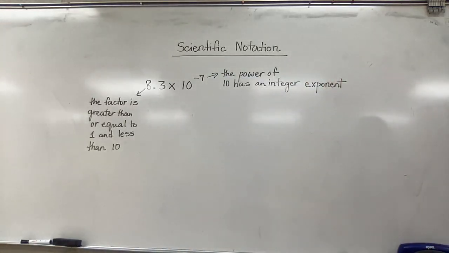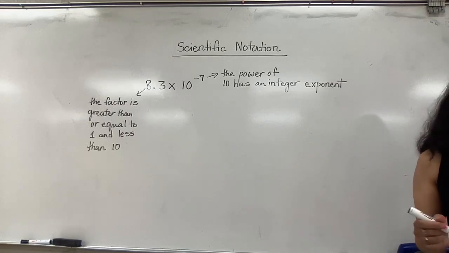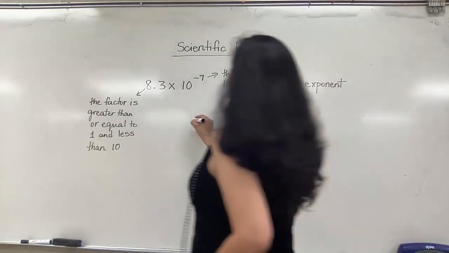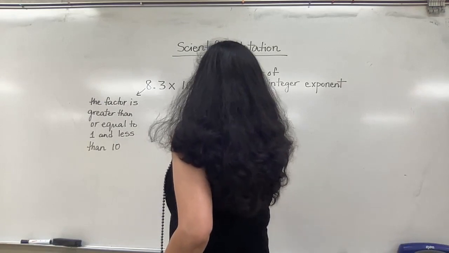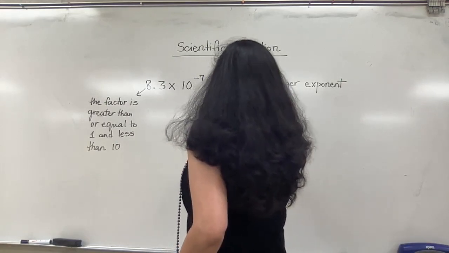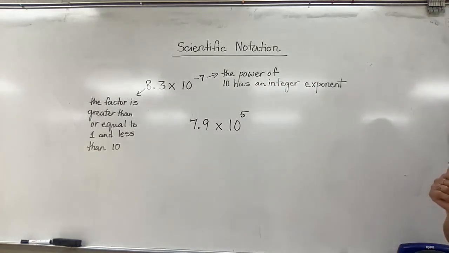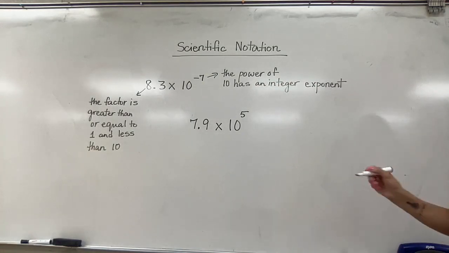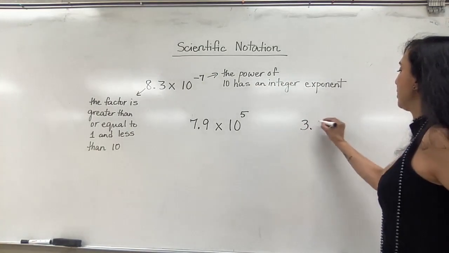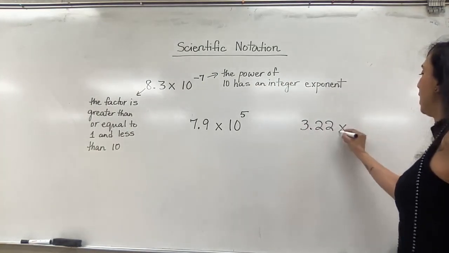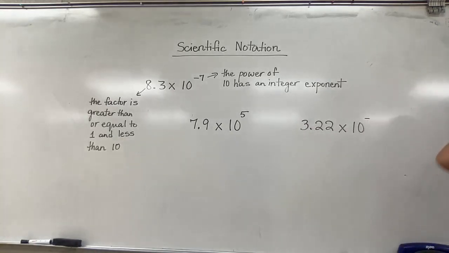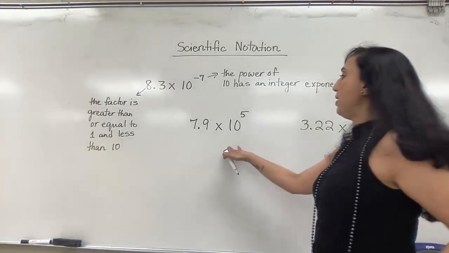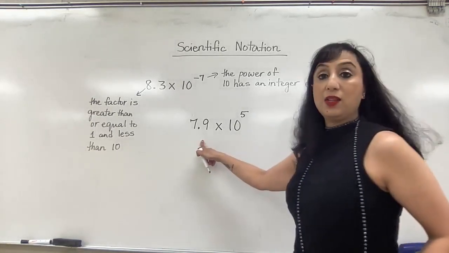Let me give you an example: 7.9 times 10 to the 5th power, or let me give you 3.2 times 10 to the negative 4.